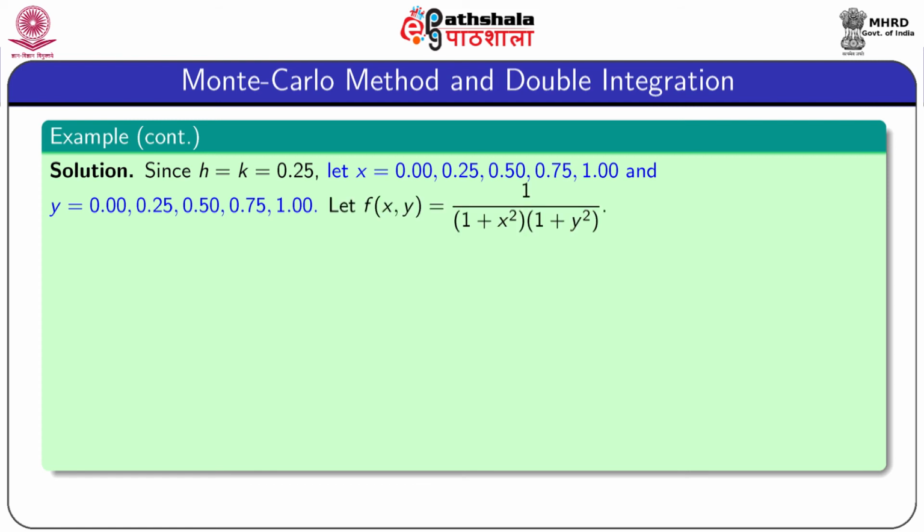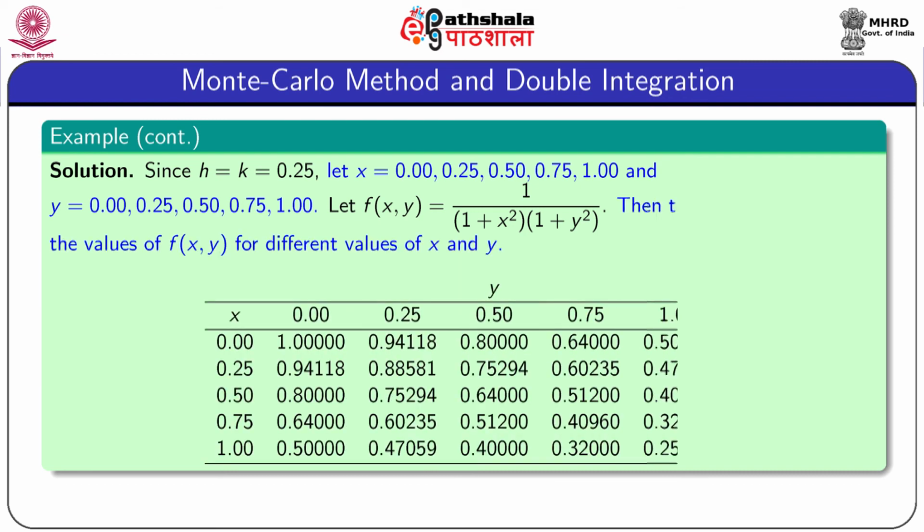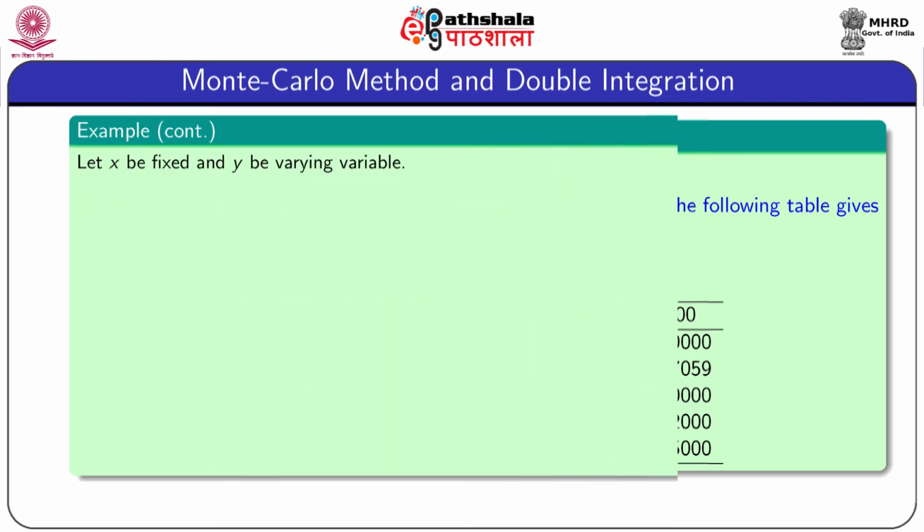Here the function is f of x,y equal to 1 by (1 plus x square) into (1 plus y square), and for this function and for the values of x and y we obtain the following table of values, and these values are used to find the integration using trapezoidal and Simpson one-third formula.